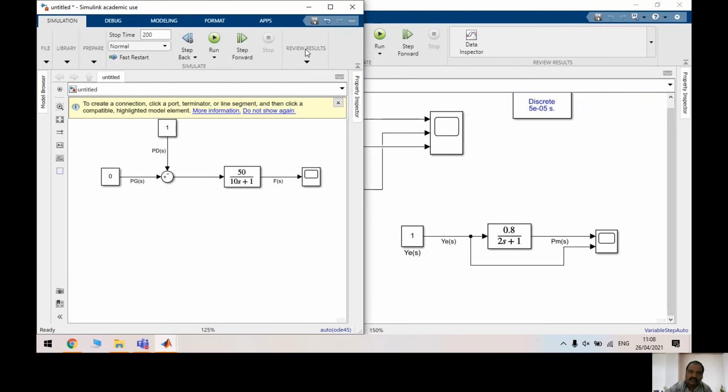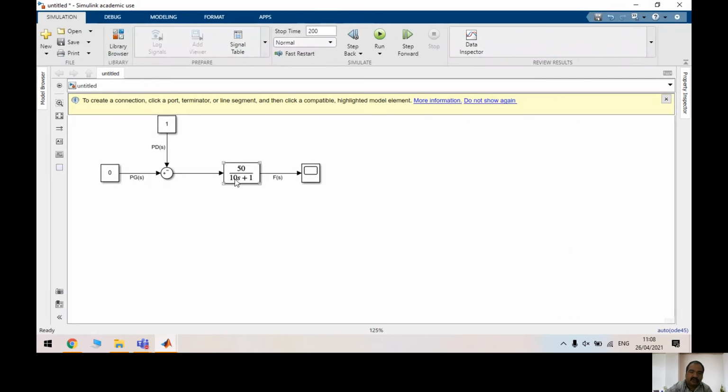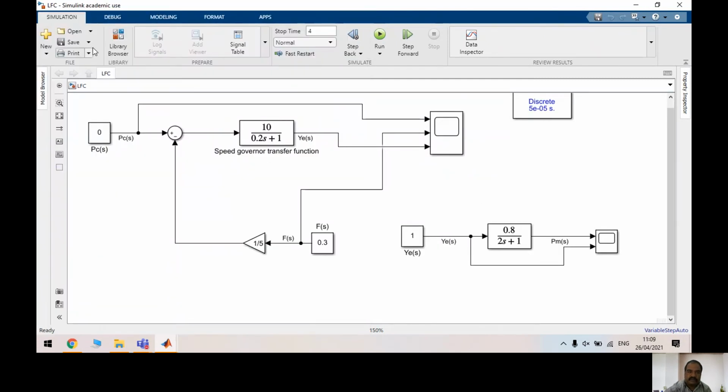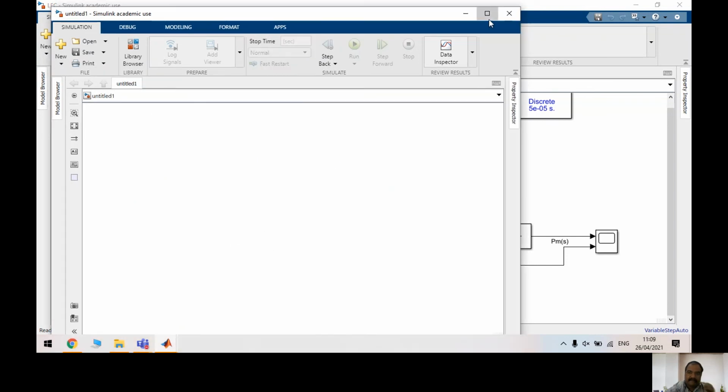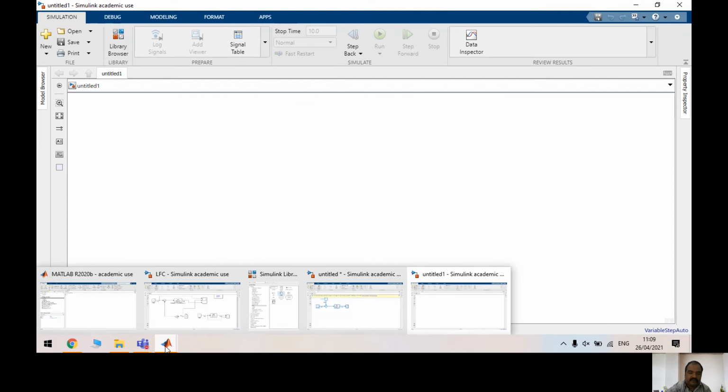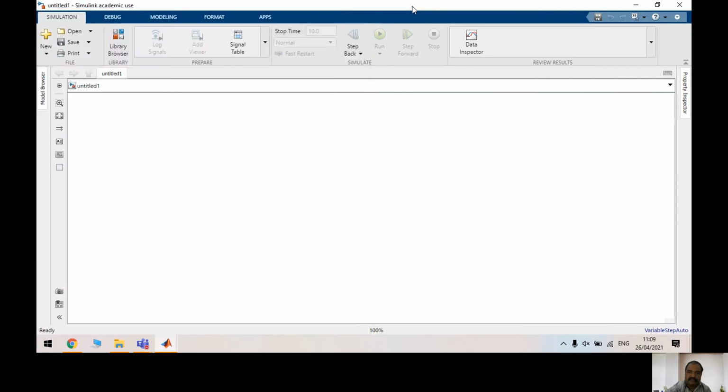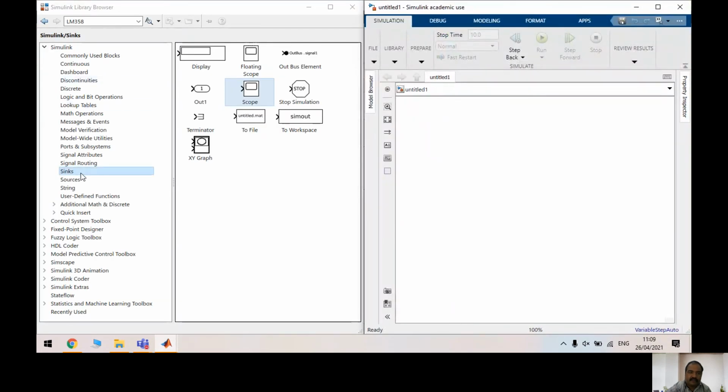Now what we will do, we will combine this generator load model, speed governor model and turbine model. So now I'm gonna copy this one. Okay, I'll take a new one for you, and we will start from the basics.